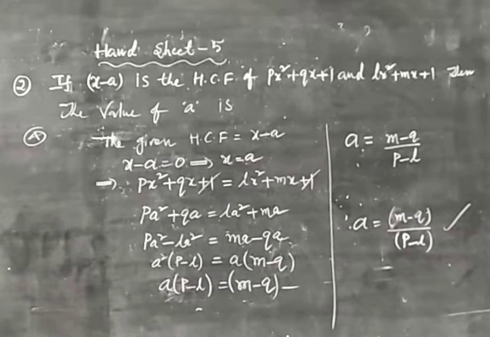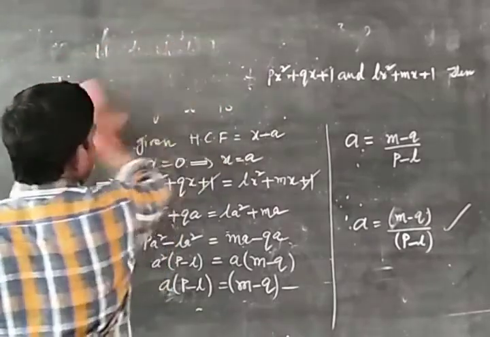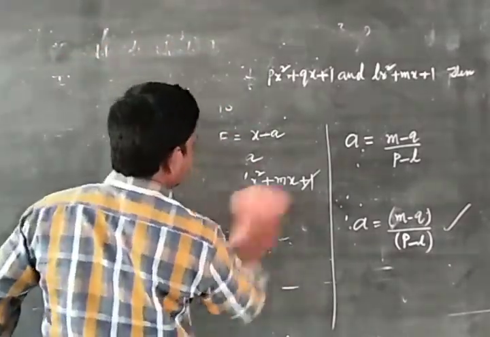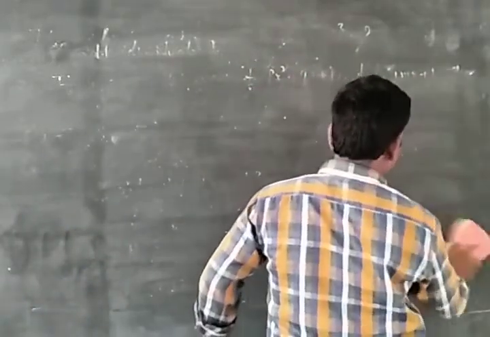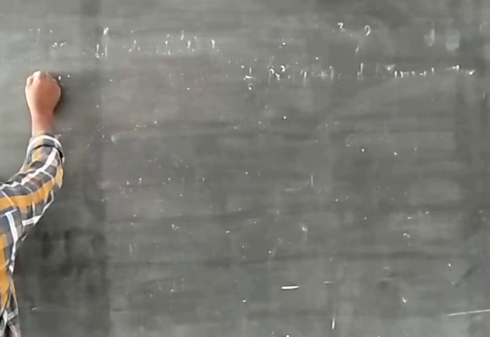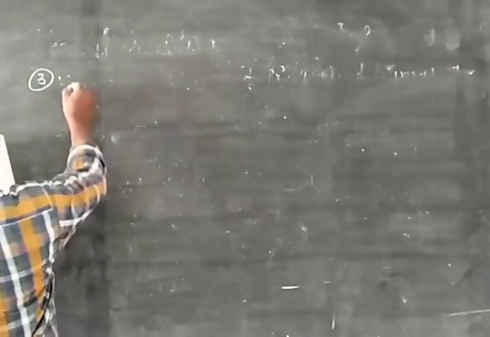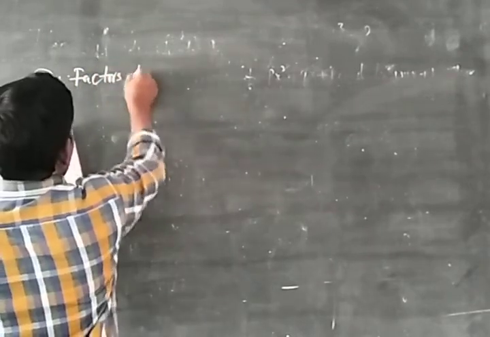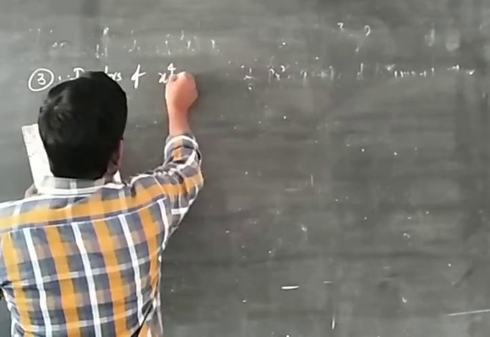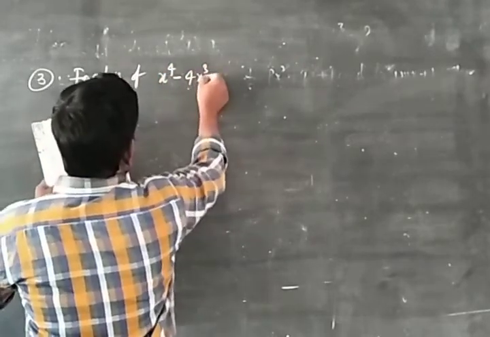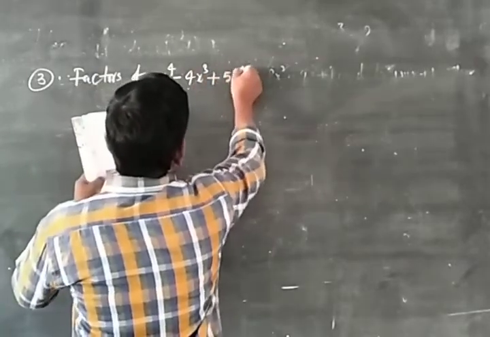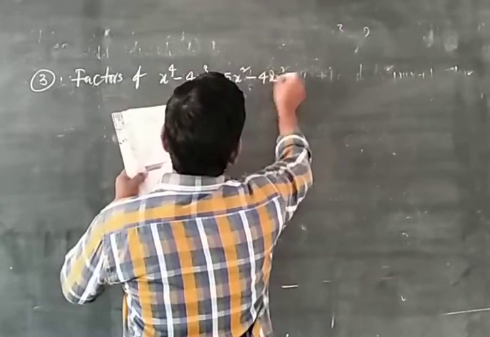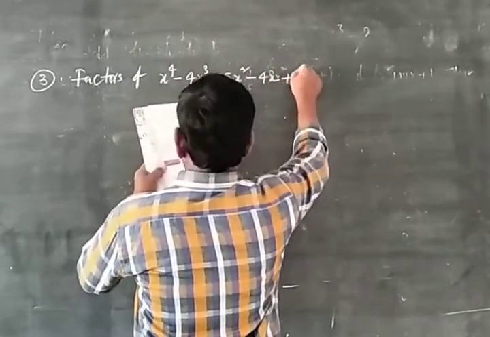Okay, next problem. Third problem. Find the factors of x power 4 minus 4x cube plus 5x square minus 4x plus 4.